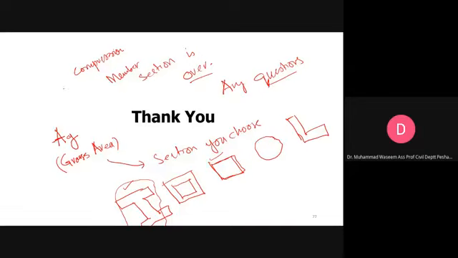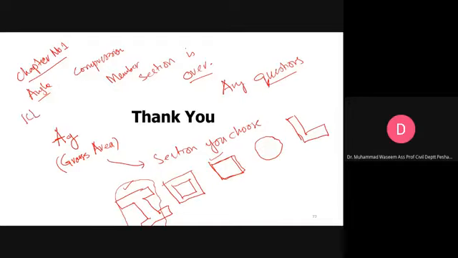I showed you that in chapter number 1. You can select any section and calculate the gross area for any section using the manual. You can use angle, you can use channel, whatever you want, but you will check the stability criteria.